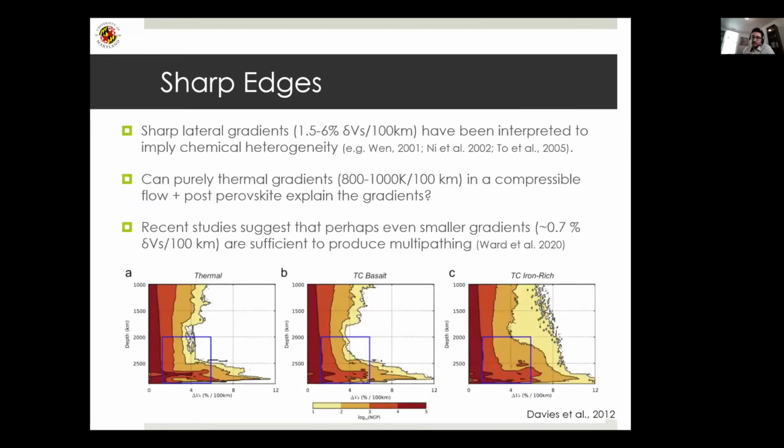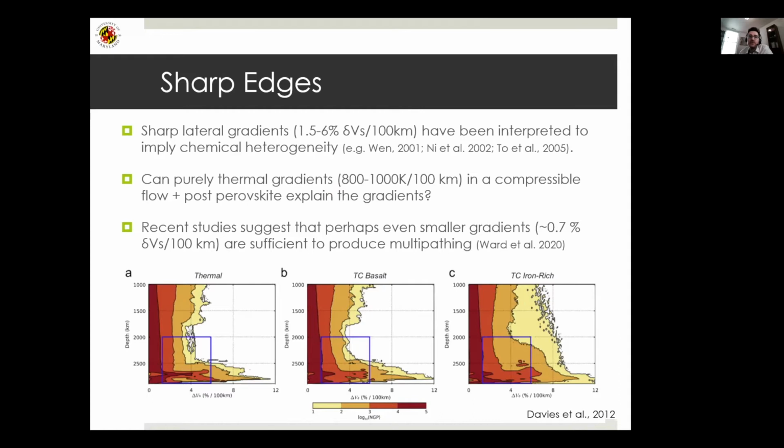Okay, it turns out that the phenomena that give rise to the multipathing, to the pulse broadening, and to these multiple waves that array methods can detect are related to how sharp the edges are of the structures we're investigating.